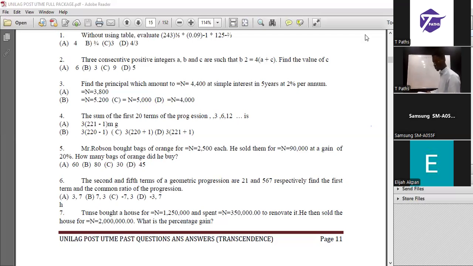Now, let's look at our UTME past questions, year 2006 to 2010. Let's look at question 6. Now, remember, the sum of the nth term of the geometrical series is a open bracket r raised to power n minus 1 over r minus 1, for r greater than 1.